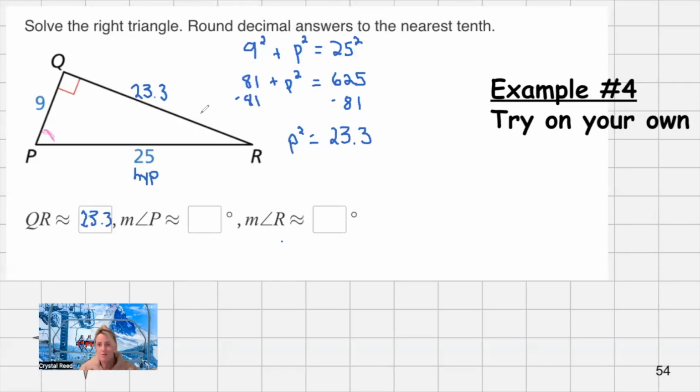So we really don't want to use that when we're trying to find another answer. So we know the hypotenuse, 9 is going to be our adjacent. So we're going to use the ratio of adjacent over hypotenuse. And if you need a recollection here, TOA, adjacent over hypotenuse is cosine.